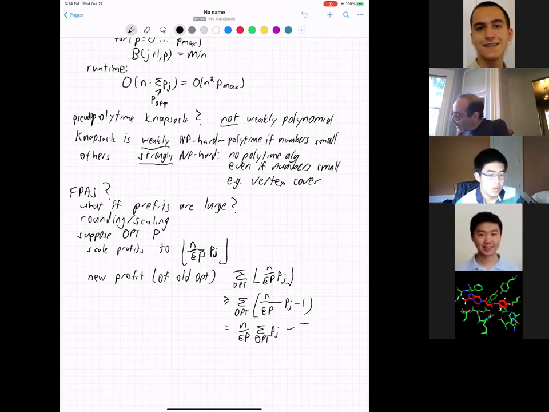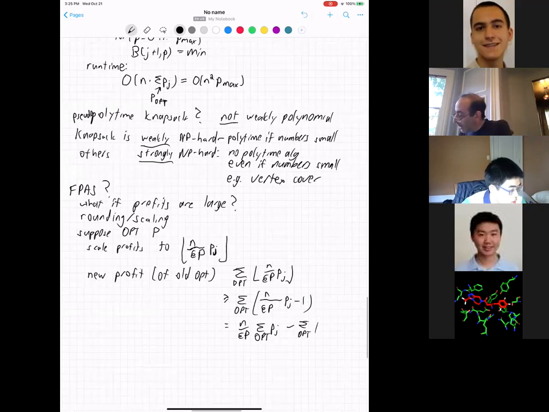And then I also have to sum over this optimum some 1s. So how do I simplify this? Well, the sum of the pj's is equal to p. Exactly. So this is just equal to n over epsilon.